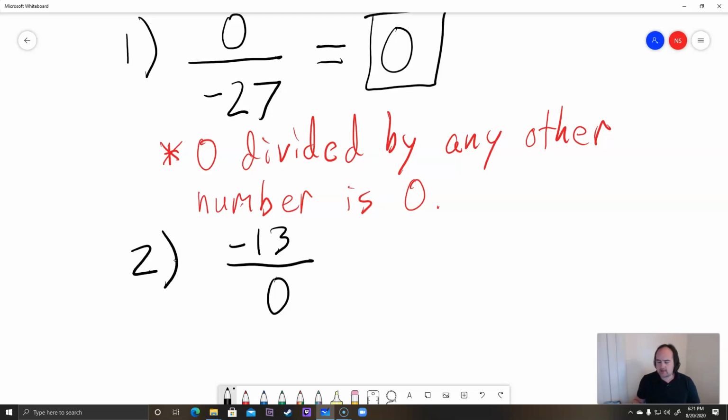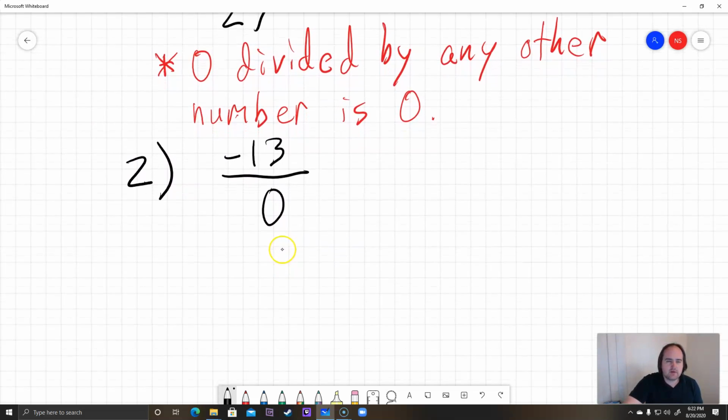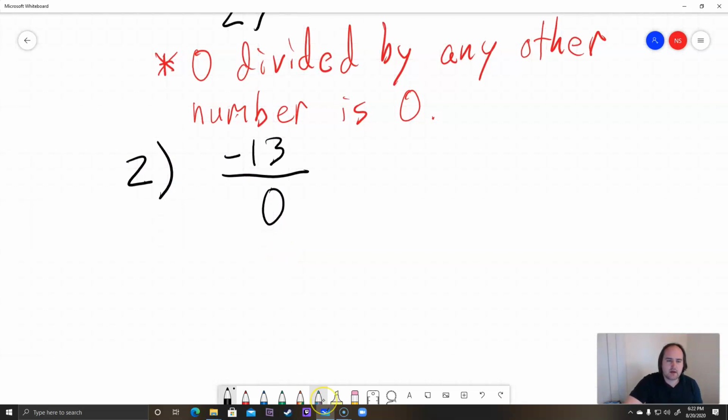So this is almost like the last problem. It's just this time the 0 is in the denominator instead of the numerator. So we're dividing by 0 instead of doing 0 divided by something else. And it turns out that any other number divided by 0 is not a real number. It's actually undefined.